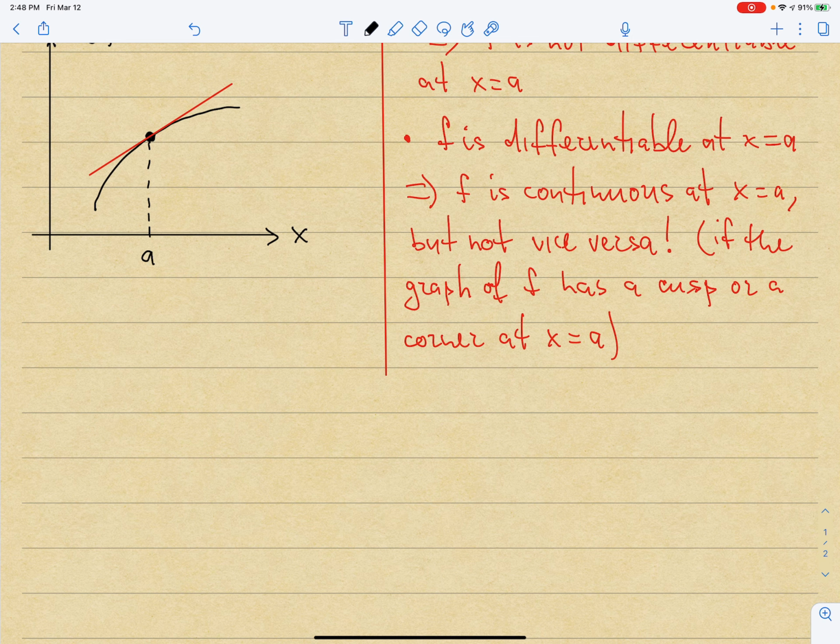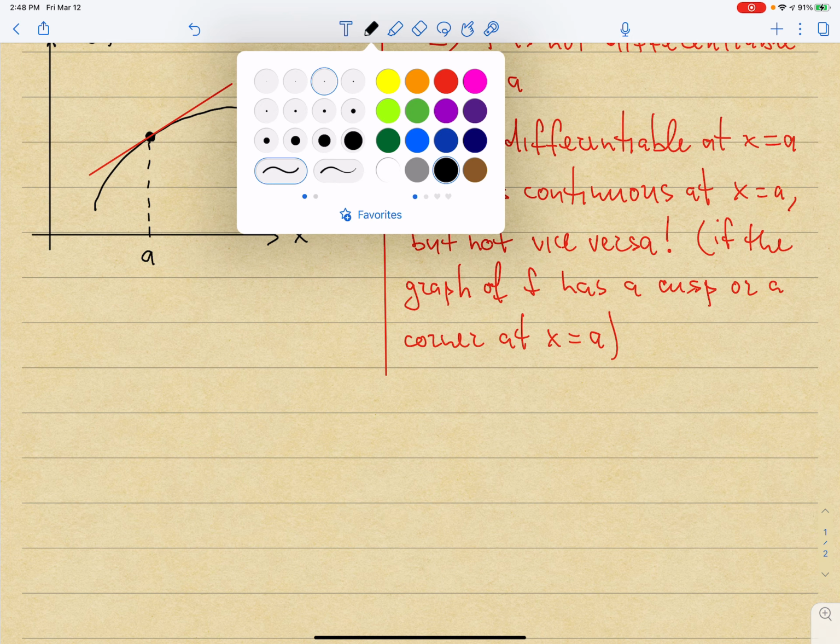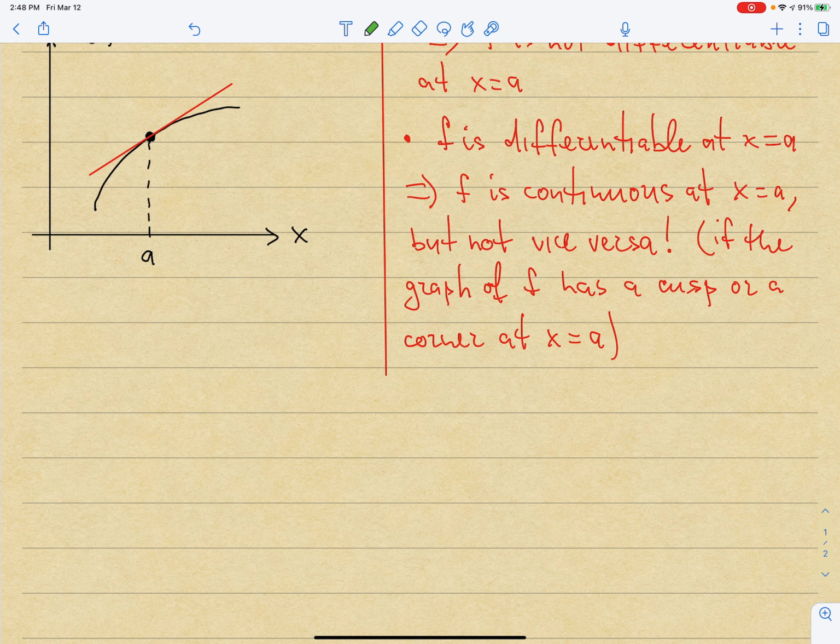In order to find the slope of a line, what do I need to do? I need to divide rise by run, delta y by delta x. And if I'm computing the slope at a single point, then clearly there is only one point, so I cannot use one point to find the slope. So the trick that we used back in calculus was this.